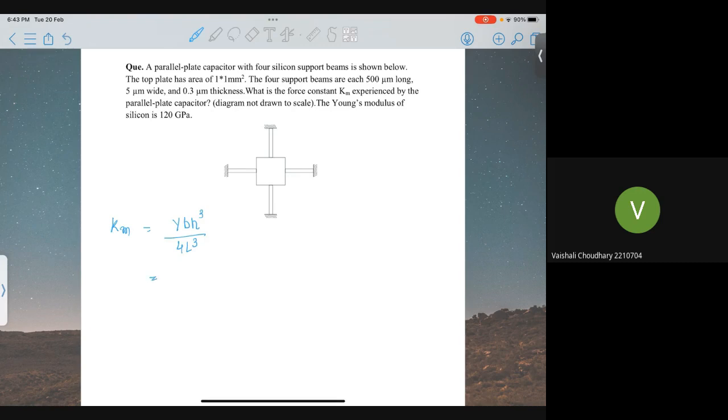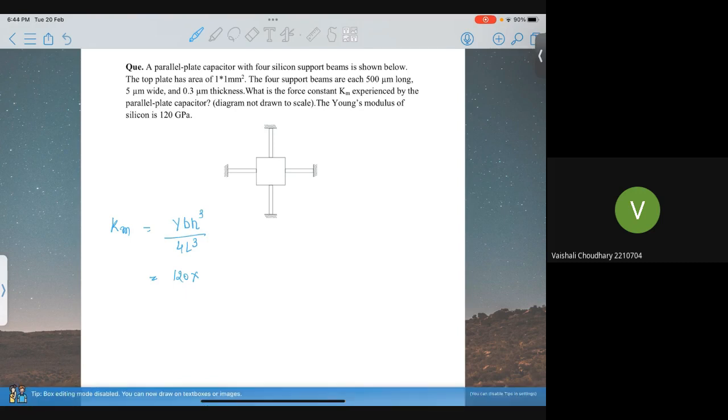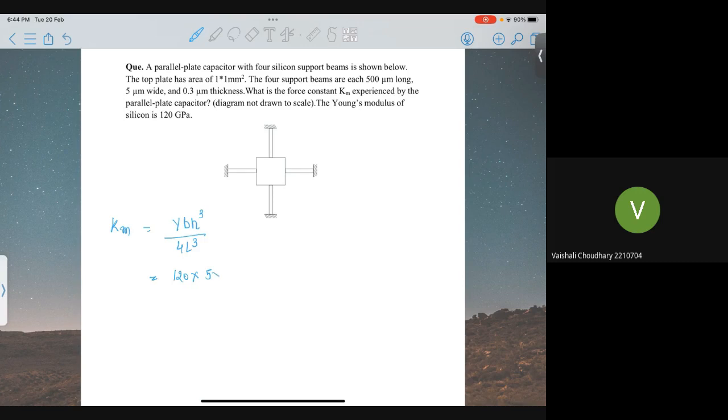If you put the values, b is 5 micrometer, h is 0.3 micrometer, divided by 4 times L cube, where L is 500 micrometer.